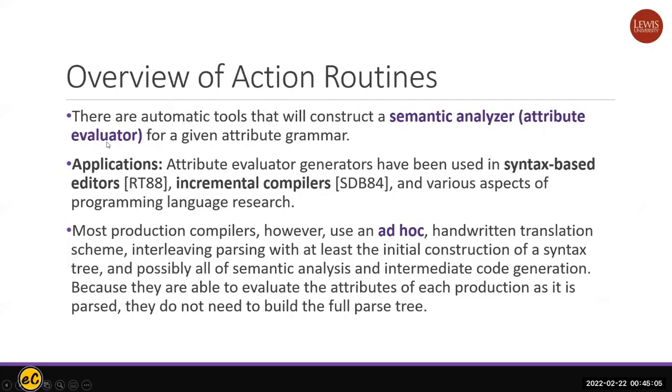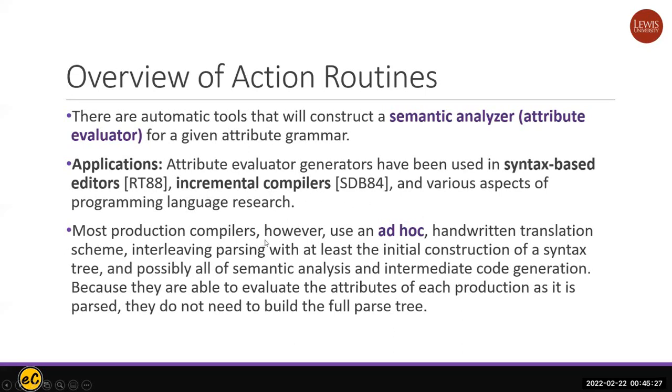Attribute evaluator generators are automatic tools that will construct a semantic analyzer, an attribute evaluator, for a given attribute grammar. Applications of attribute evaluator generators have been used in syntax-based editors and incremental compilers.